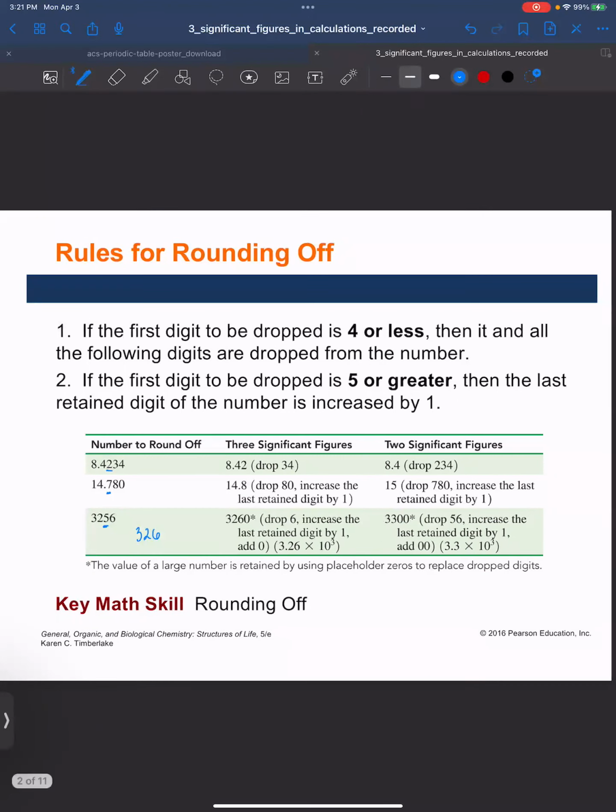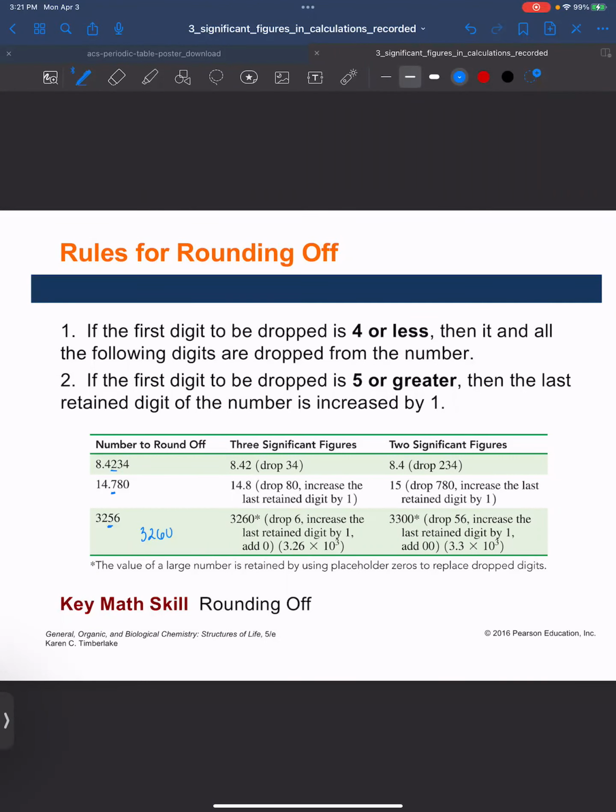And so we have to put a 0 in there to indicate the order of magnitude, that it's 3,260. Another way to imply magnitude is also to write it in scientific notation. But like I said, in this example here, we're putting a 0 as a placeholder to replace the dropped digits.